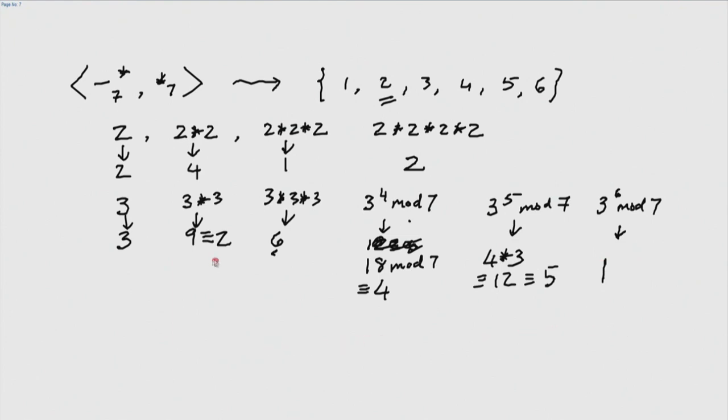So do I get all the elements over here? I get the element 3, I get the element 2, since 3 3s are 9, which is 2, then 4 3s are 6, then 5 3s are 15, mod 7, that is 1. Let me restate: 6 3s are 18, mod 7, that is 4, 4 3s are 12, mod 7, that is 5, 5 3s are 15, mod 7, I get 1. So I see that I get all the elements in this case, so 3 happens to be a generator while 2 is not a generator.